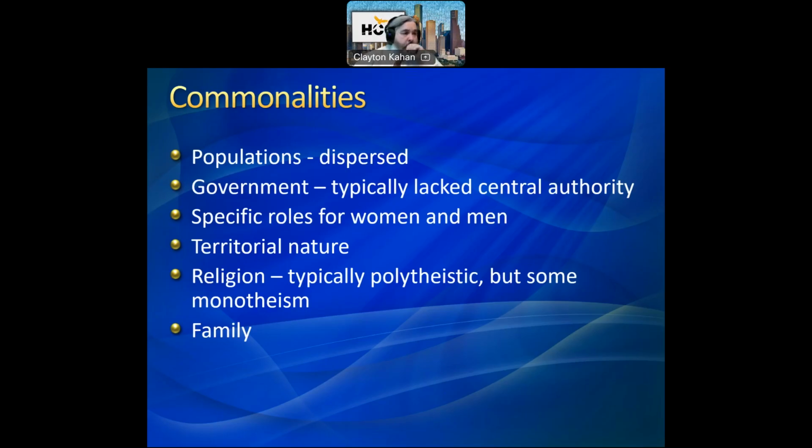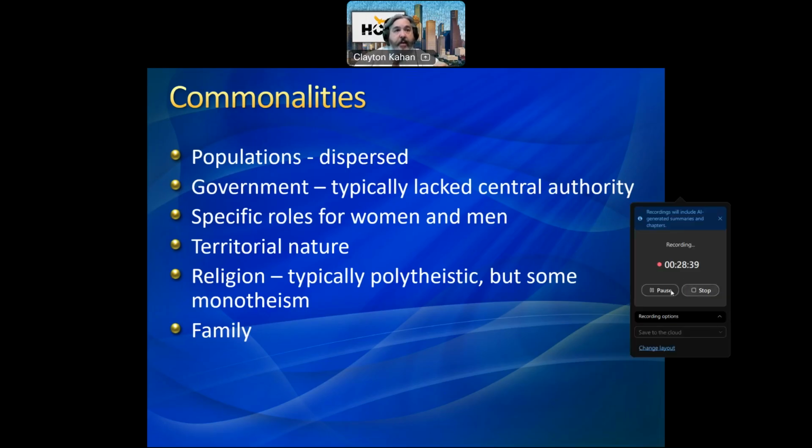Now, some did have a monotheistic view about this stuff. The exceptions, okay, the bulk of these peoples had polytheistic views, but some small groups were exceptions.